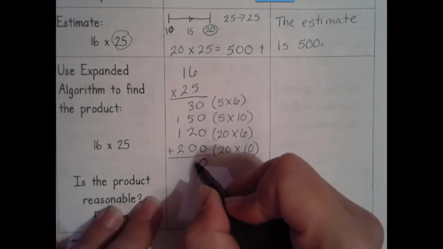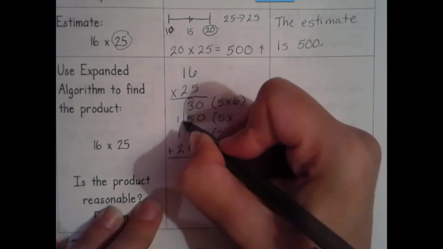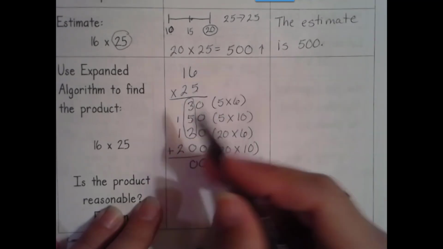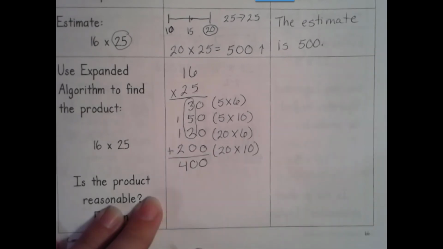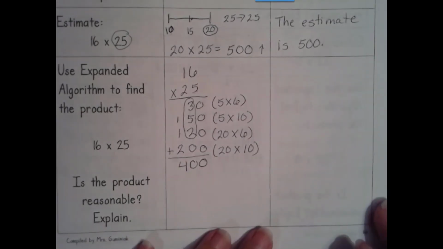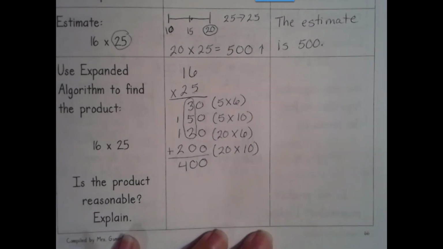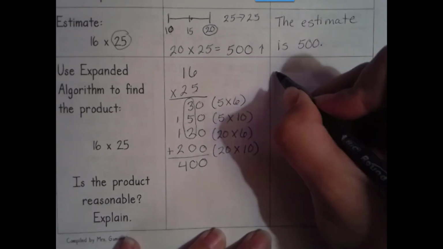There's a 10 there. This all makes a 10. 1, 2, 3, 4. Is 400 close to 500? Yes, and I knew 500 would be a high estimate, so this is reasonable.